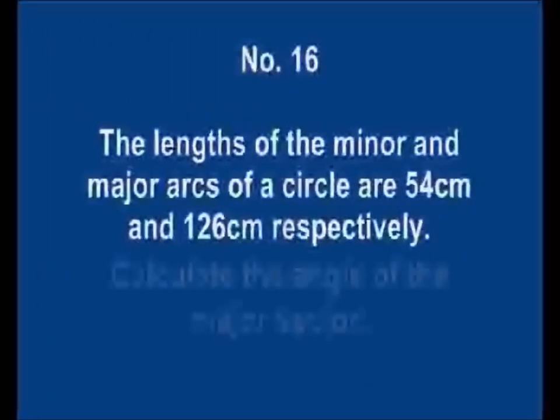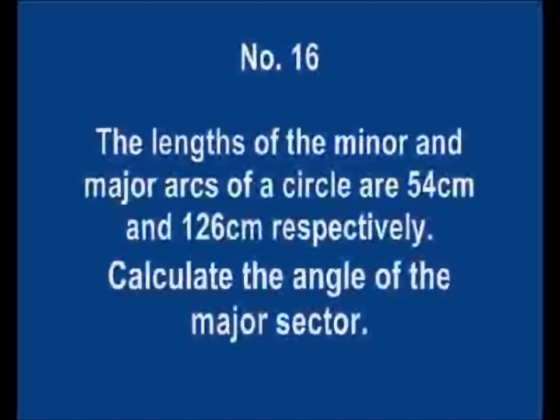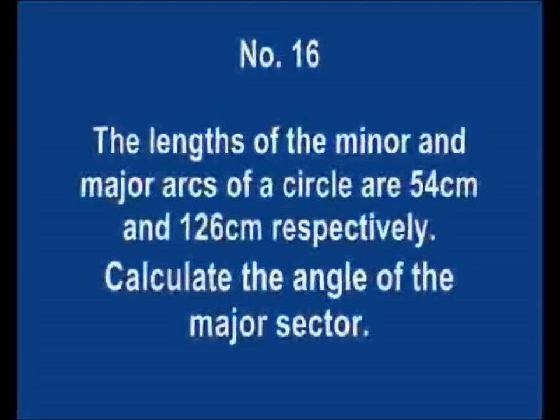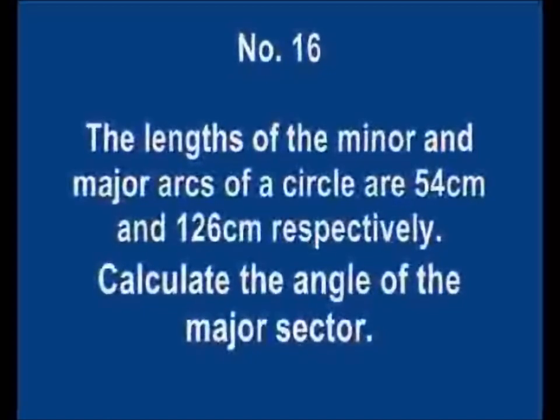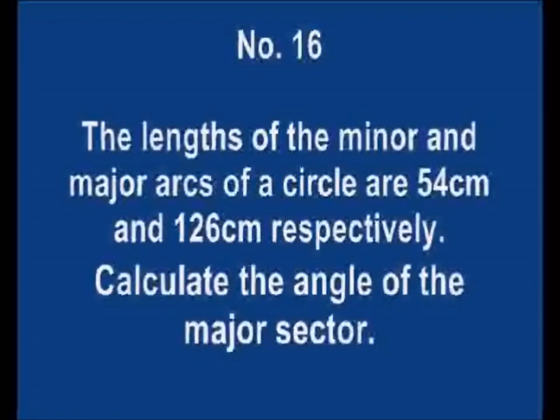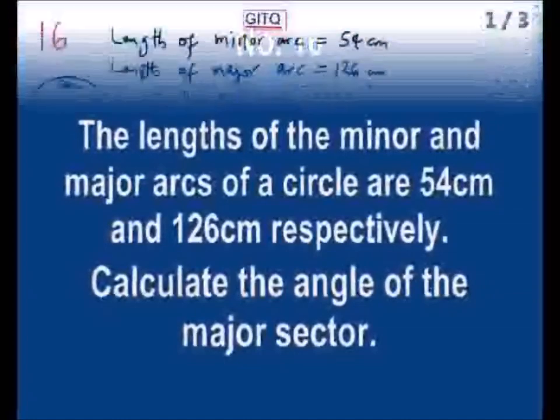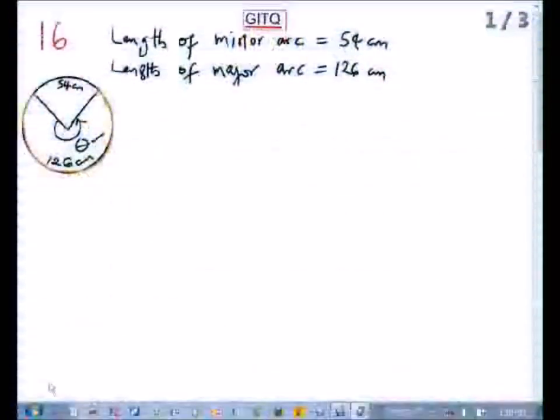Question 16. The lengths of the minor and major arcs of a circle are 54 centimeters and 126 centimeters respectively. Calculate the angle of the major sector. Based upon what is given in this question 16, we draw this circle with the minor and major arcs shown and labeled accordingly.